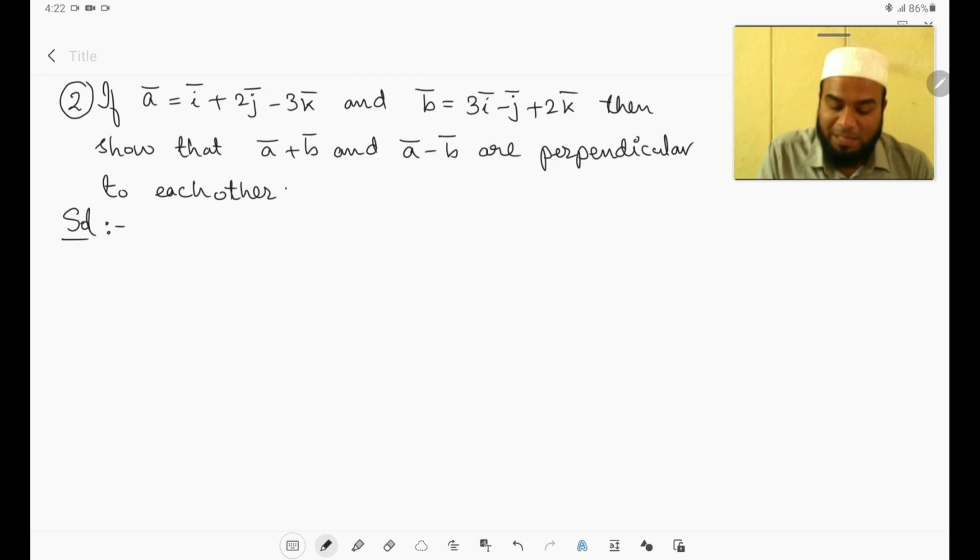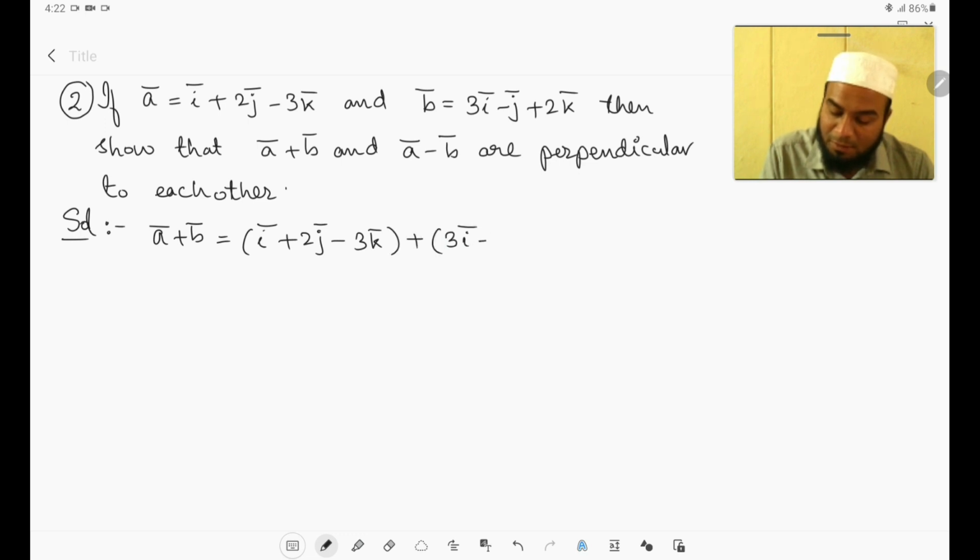Right? What will happen? First we will find a bar plus b bar. a bar is i bar plus 2j bar minus 3k bar, and b bar is 3i bar minus j bar plus 2k bar.